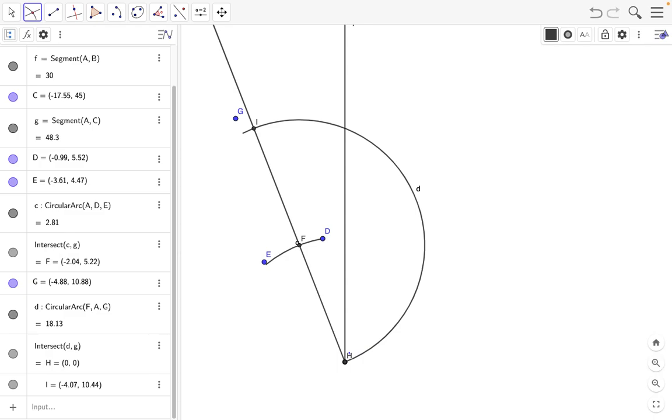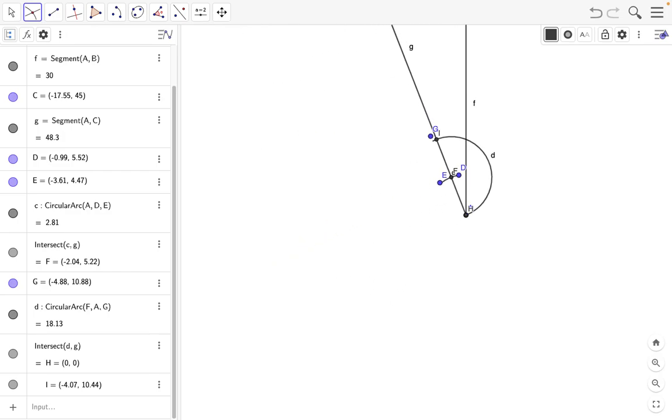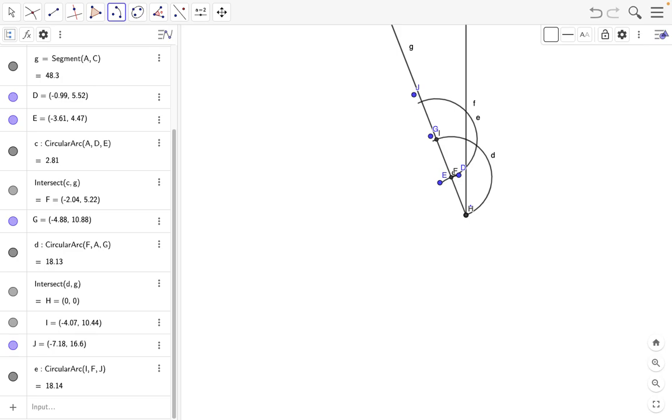Now this will become the center, and again I will select the arc command from this as the center and this as the radius. I will do this.